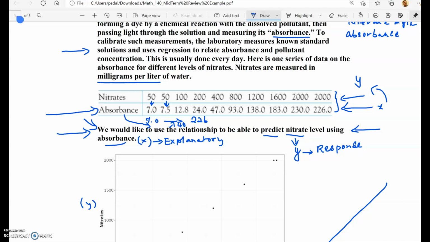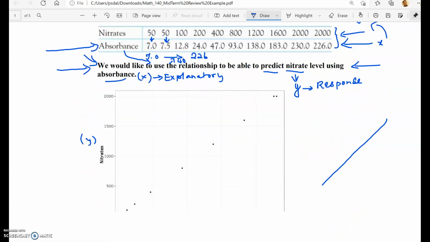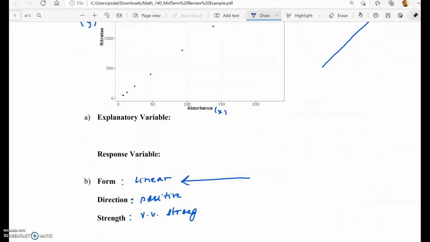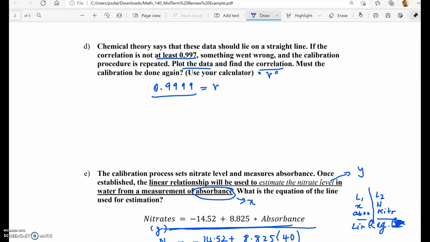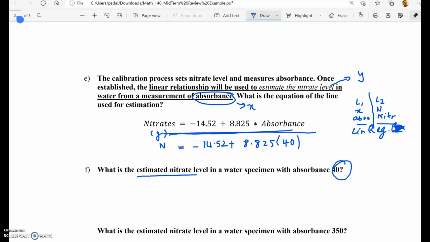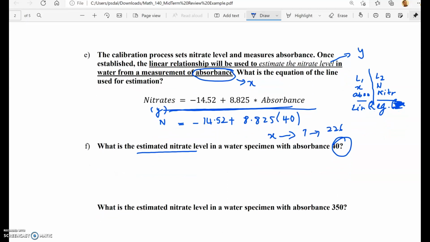However, if the absorbance is outside the range of these collected data, which is from 7 to 226 absorbance, then we cannot use the regression line to make a prediction. The regression line is valid only between 7 and 226. That's the values of X. You can plug in any number within this range, but if it's outside that range, then we are not able to estimate.